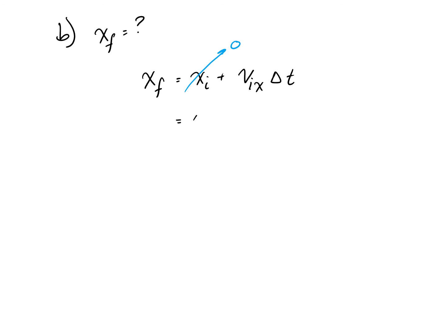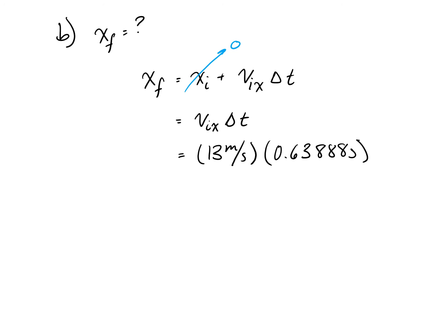So I'm just going to have the initial velocity in x times the change in time, which I just solved for in part A. So I need to use my 13 meters per second, multiplied by my change in time, again making sure that I'm carrying a couple extra digits when doing my calculation to prevent a rounding error.